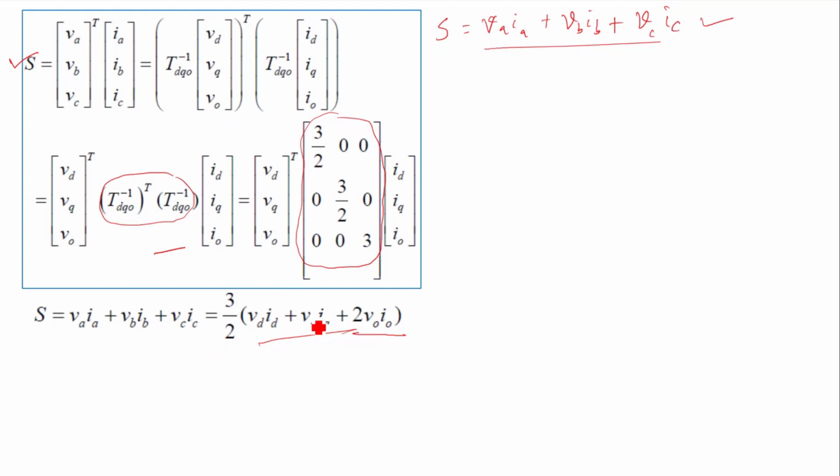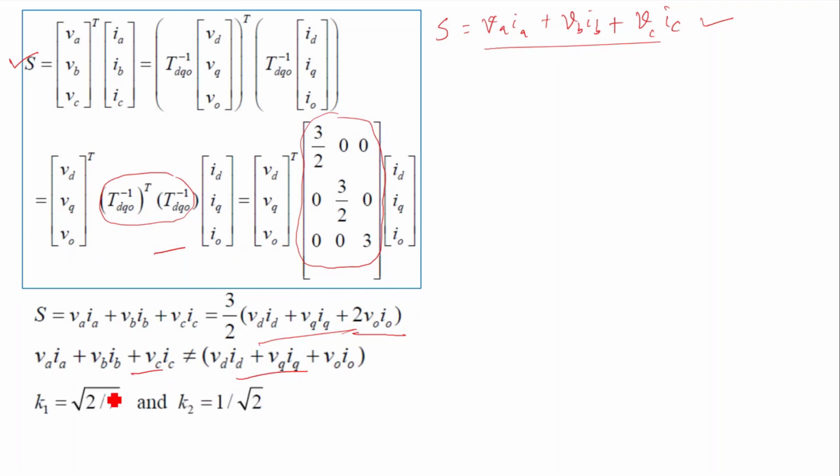So what is not true here is the power. Power in the three-phase system, that is the time-invariant system, is VAIA plus VBIB plus VCIC, which is not equal to VDID plus VQIQ plus VOIO. This is equal to 3 by 2 times (VDID plus VQIQ plus twice VOIO). So it is not a power invariant transformation.